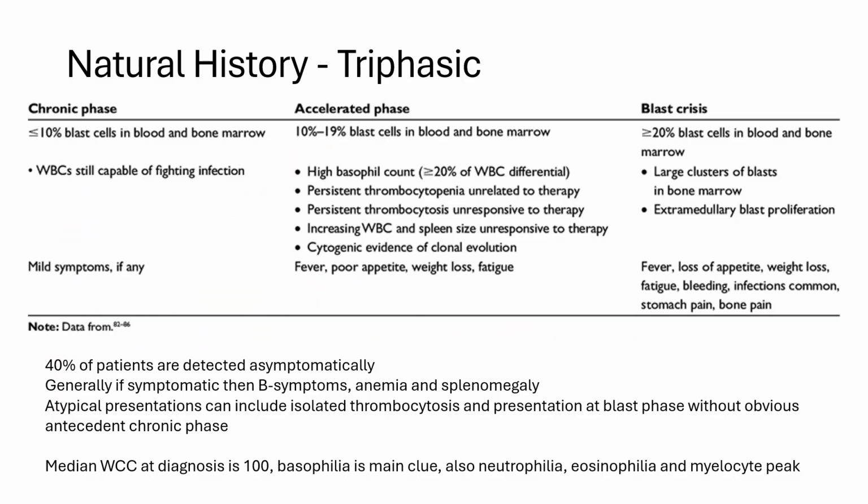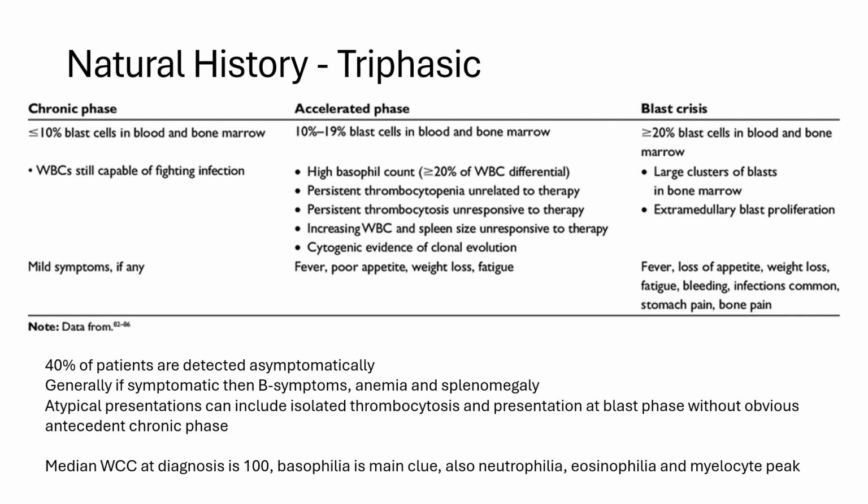The natural history of CML is triphasic. Initially, it used to be defined as chronic phase, accelerated phase, and blast crisis. But I think they updated the criteria in 2022 to say that there's just chronic phase, and then the other phases, blast crisis and accelerated phase, are combined now as one. 40% of patients, regardless, are detected asymptomatically.